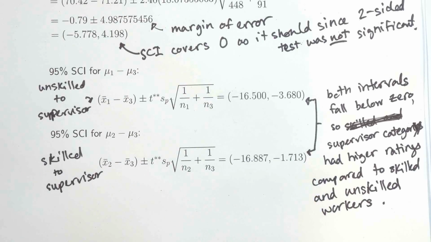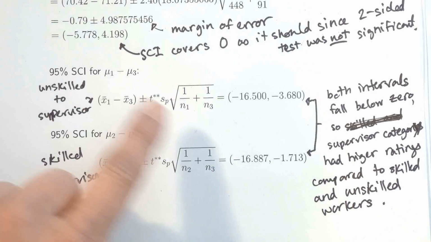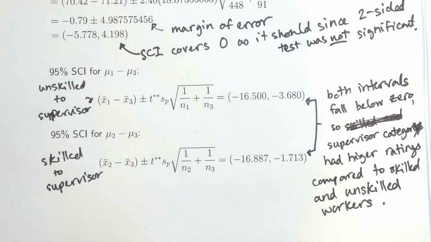And again, that might not be that surprising, because the skilled and unskilled workers were not that different. If skilled and unskilled are the same, then you would expect a significant difference from the supervisors, and for the size of that difference to be the same. Okay, so this just reflects that as a side point.